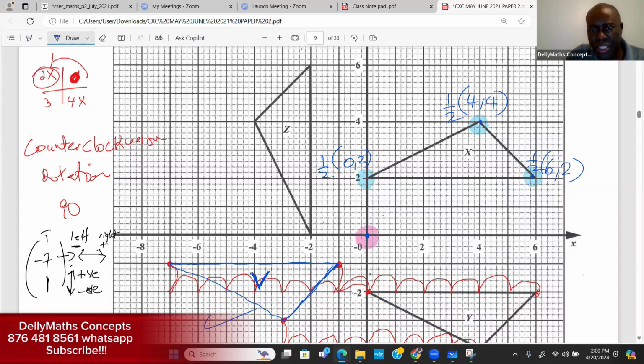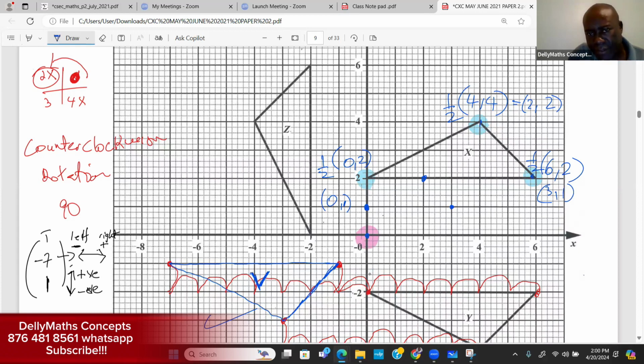So this is going to give me 0, 1. So you can see 0, 1 is right here. And then this is going to give me 2, 2. The new point is going to be 2, 2. So 2, 2 is right here. And 1/2 of 6, 2 is going to be 3, 1. So my new coordinate is at 3, 1 right here.